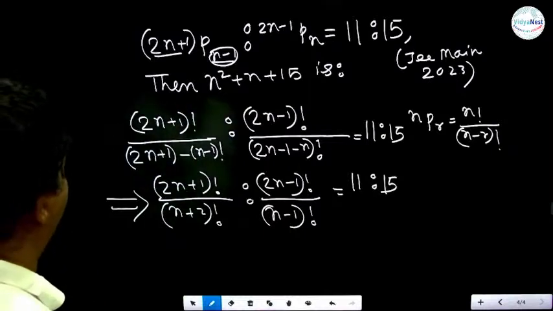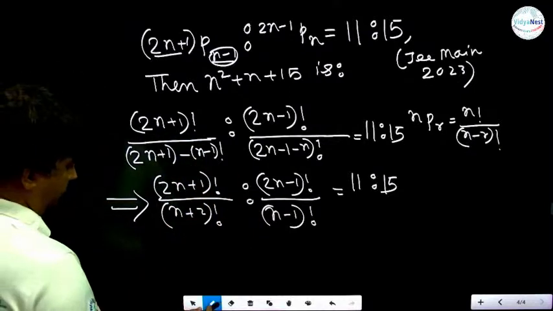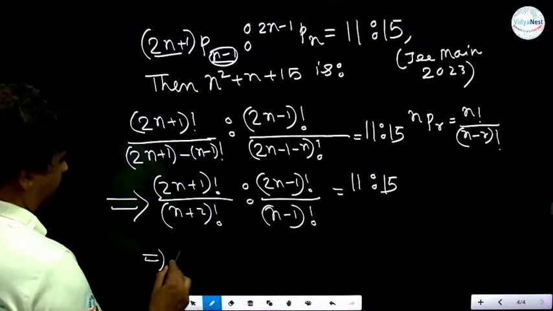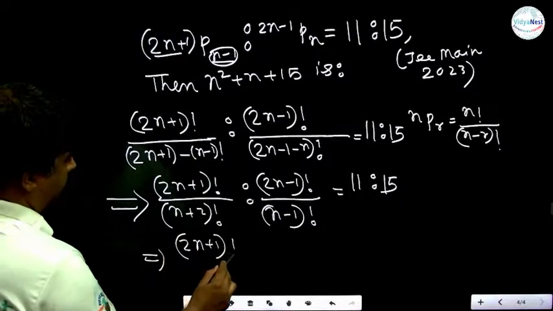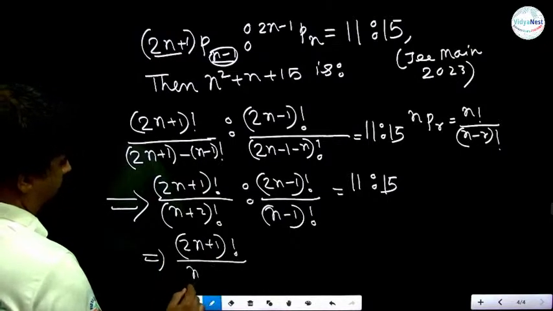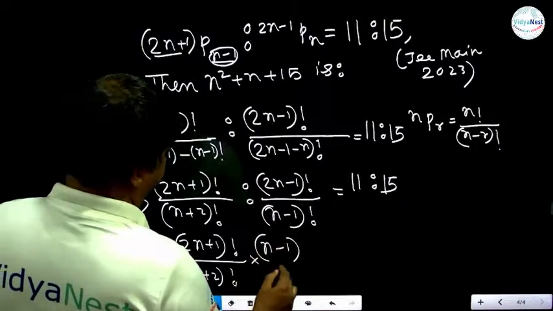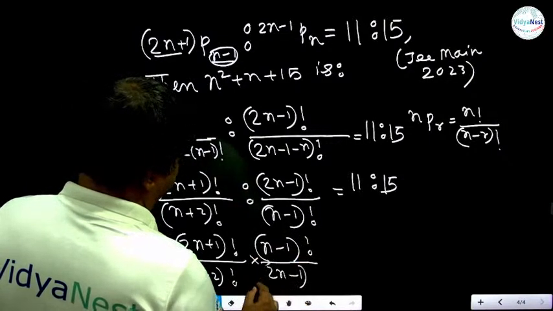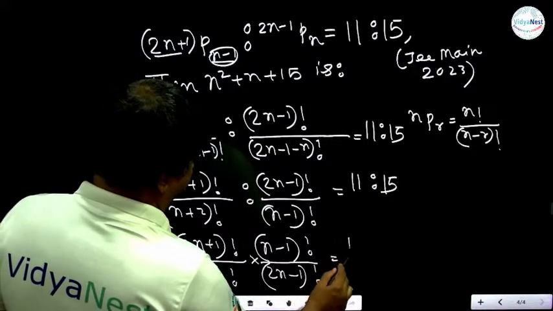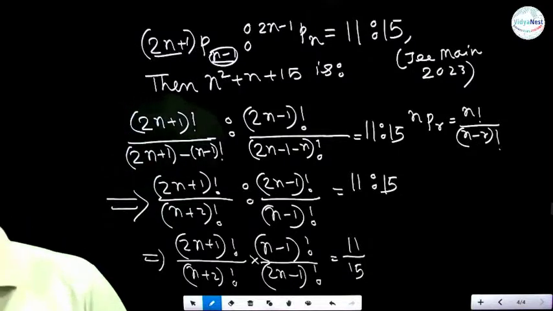Now, revert it. Just reverse. Okay, ratio sign is withdrawn.